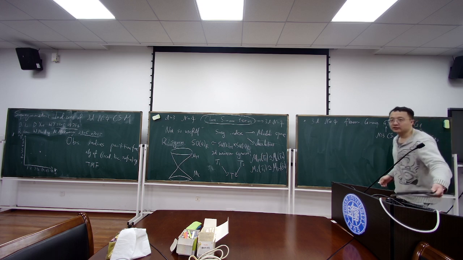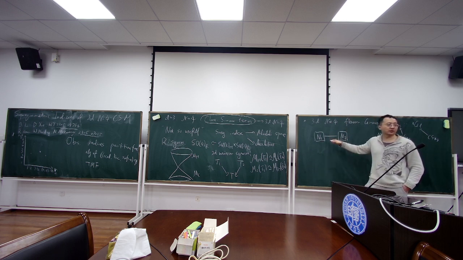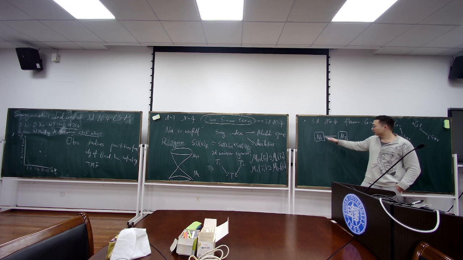For example, I can start with a 3D N=4 bifundamental hyper that transforms as the fundamental of U(N1) and the anti-fundamental of U(N2).